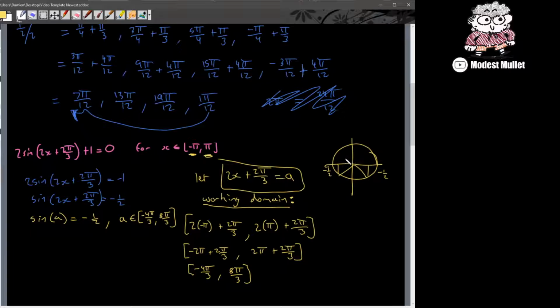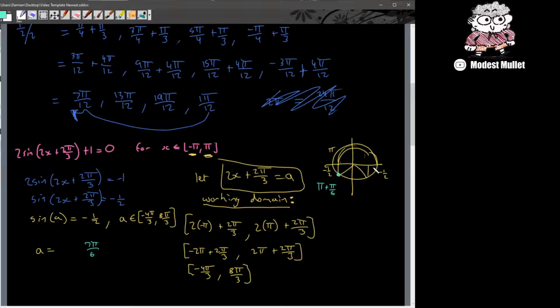And if we remember our exact values, the reference angle will be pi on 6, since the vertical component of a half is the smallest out of the 3. So going around to pi and then adding pi on 6, that point there is pi plus pi on 6. So that's 7 pi on 6.